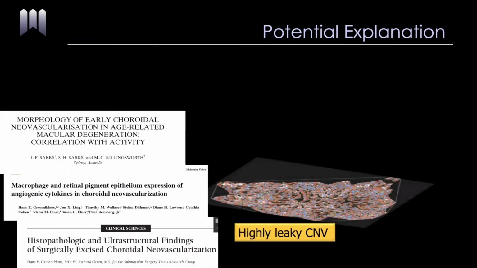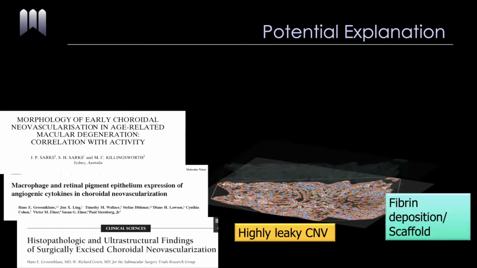So from physiology and pathology reports, we know that fibrin is a frequent feature in these histopathologic membranes. So we hypothesize that these high frequency injection requiring lesions are very highly leaky. And with that leakage comes high molecular weight proteins such as fibrin.